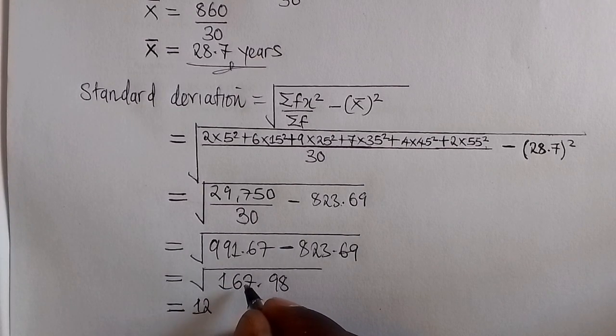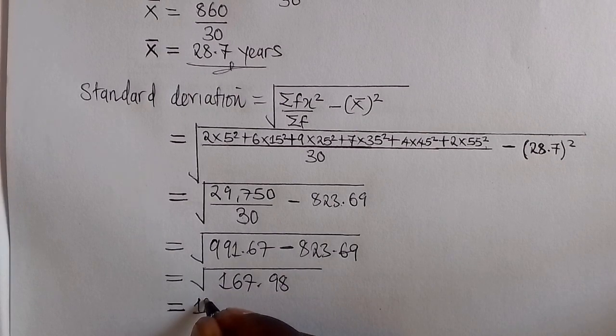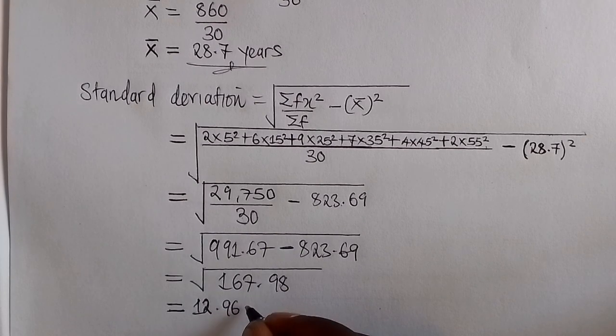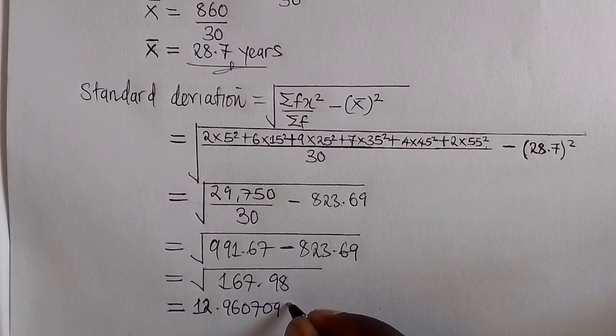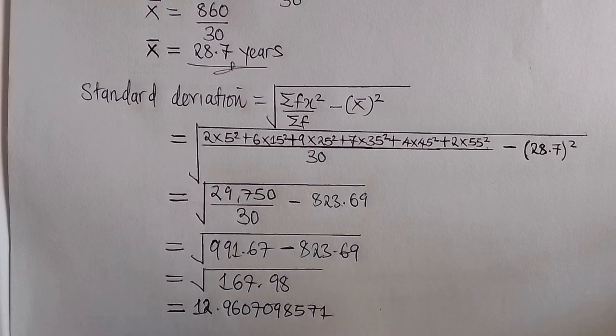So square rooting 167.98 gives 12.9607098571. So a lot of digits.